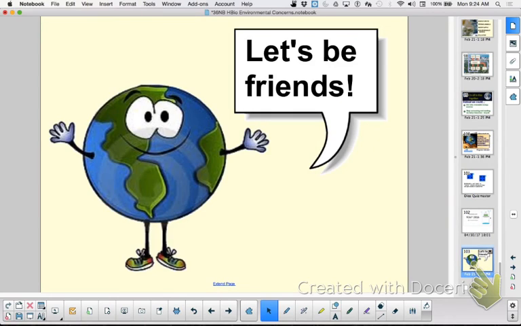We need to figure out a way to be friends with this earth instead of continuing to destroy it so we can get out the resources we need. And that's really, when we go into our biodiversity, what we're going to look at: ways to contribute to a sustainable society by looking at the way organisms who have lived here for millions of years have managed to live and survive, instead of the way we necessarily approach things.